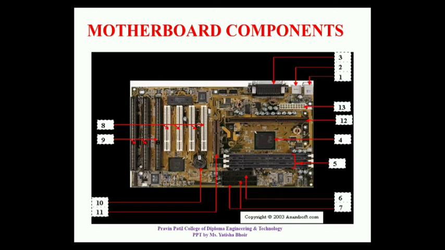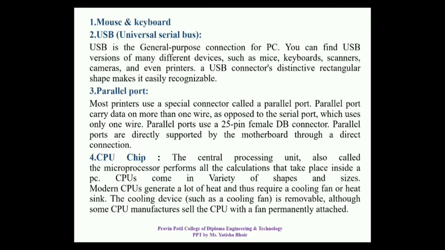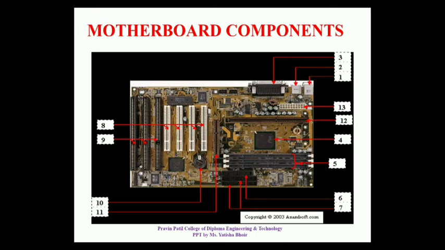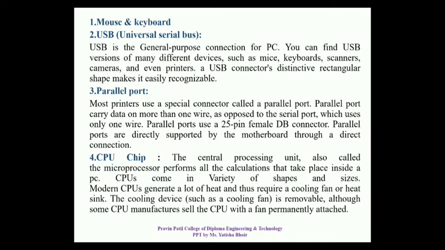The first component is the mouse and keyboard port. In this figure it is shown as the first component, which is used to connect the mouse and keyboard to the motherboard. Now next is the USB. The second component is the USB, universal serial bus.